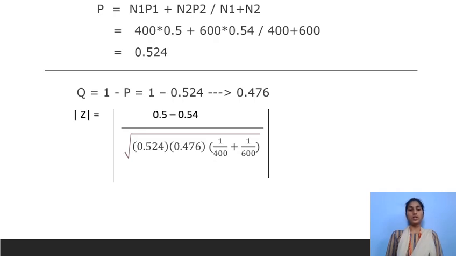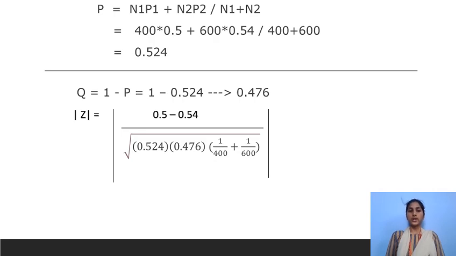And Q is 1 minus P. Here, 1 minus P is the Q formula. And according to that, the P value is 0.524, and by subtracting those values from 1, we will get 0.476. Now these values we can substitute in the mod z formula: 0.5 minus 0.54 by root of 0.524 into 0.476 into 1 by 400 plus 1 by 600.